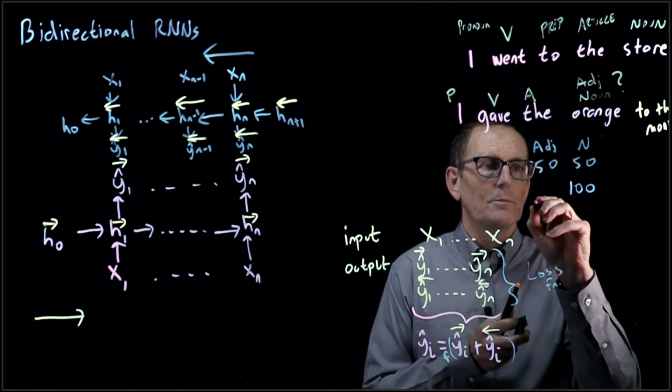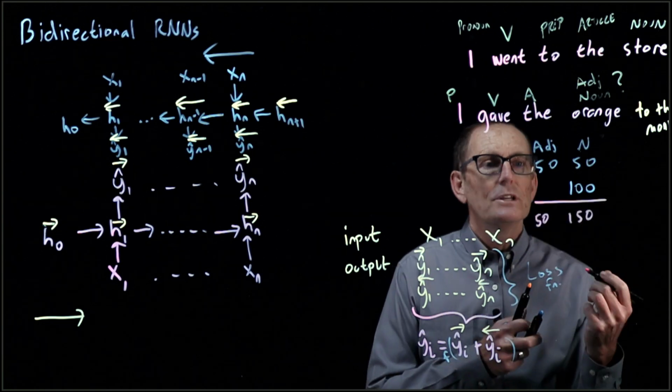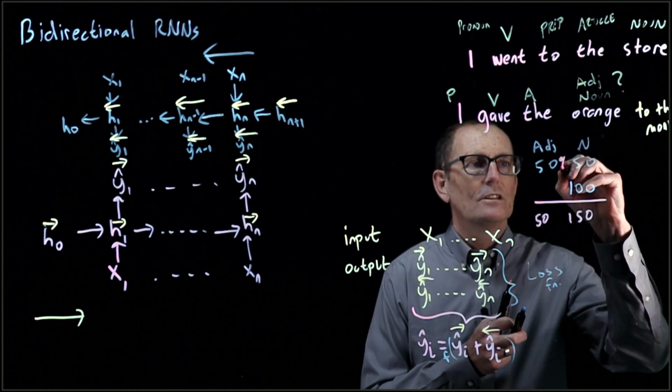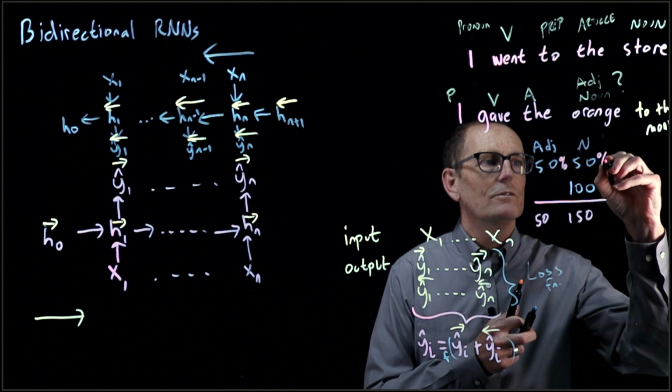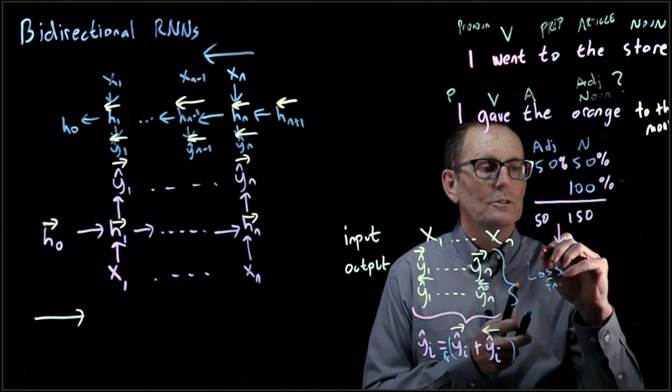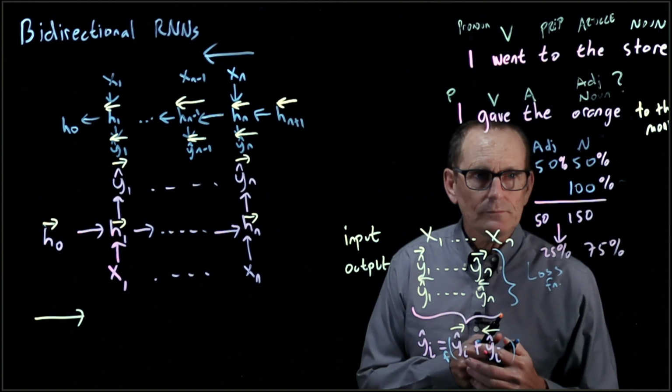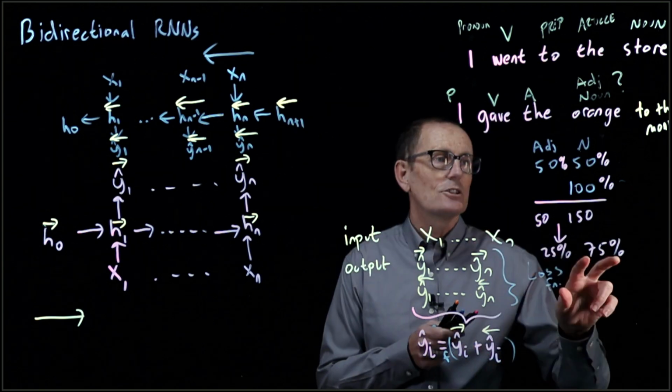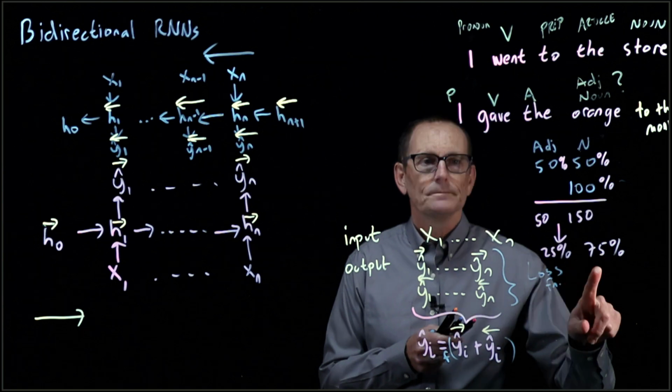So we have 50 and 150, and then rescale so that our totals, so this is percentages, 50%, 50%, 100%. And now we would rescale these down to, what would it be, 25%, 75%? And we'd be comparing against, so these are the y hat values, 25% that is an adjective, 75% that's a noun, 0% that is anything else. And our actual value is it's 100% a noun. So that's how we combine these together in the bidirectional RNN.